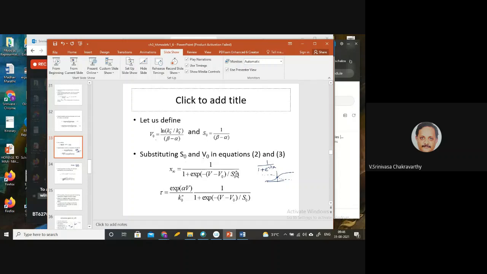Now, how do I describe that? What we have done is we've just moved all these equations, where earlier they were applied to a whole channel, and now we are applying them to single gates within a channel.